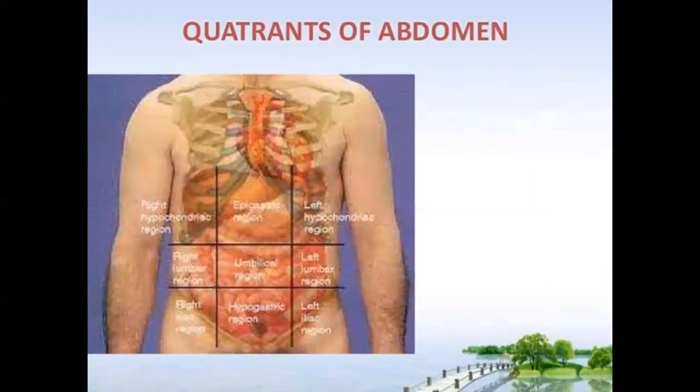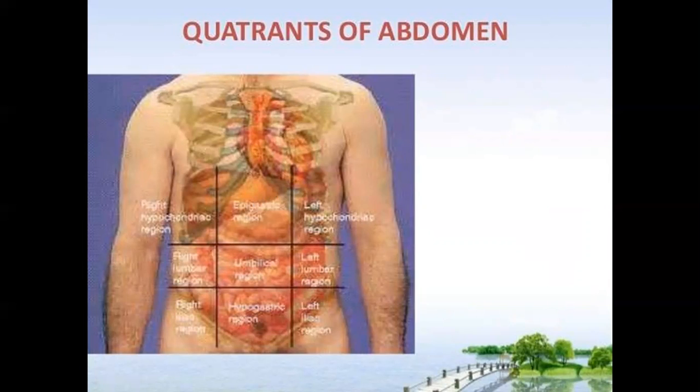If you're seeing this picture, you can see the quadrants of the abdomen. There are 9 regions of the abdomen. First let me explain the middle ones: epigastric region, umbilical region, hypogastric region. The uppermost middle one is the epigastric region.